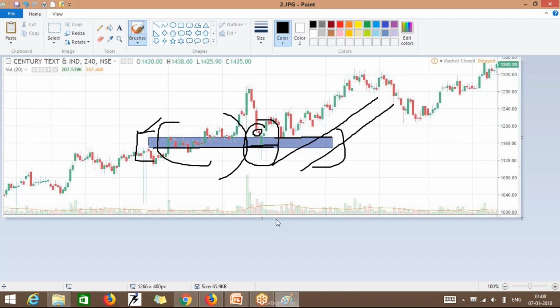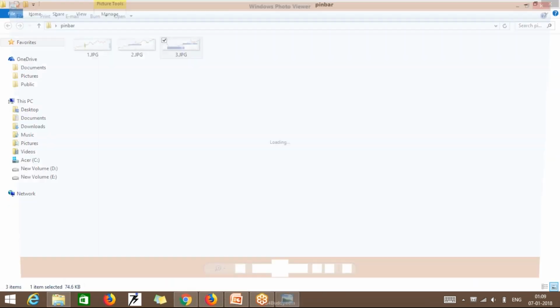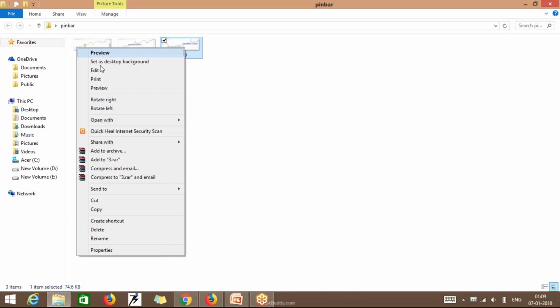So while taking trades using pin bars, it is being suggested that your entry should be, let me just show you another chart which would be clear enough.